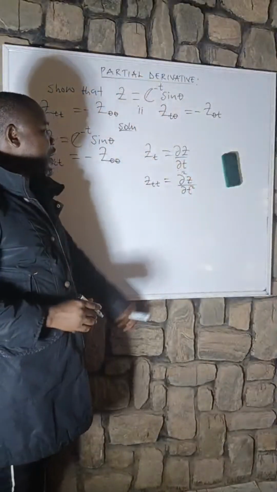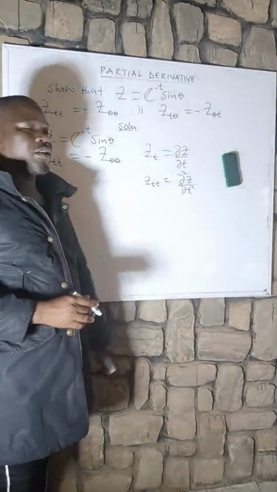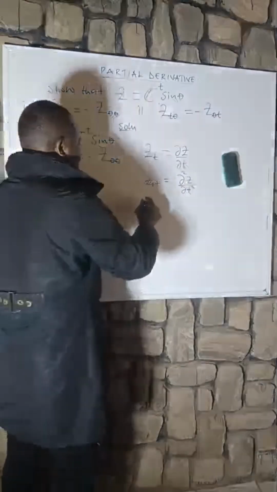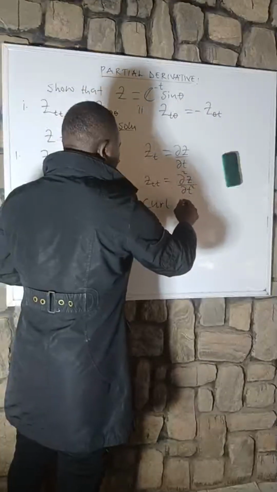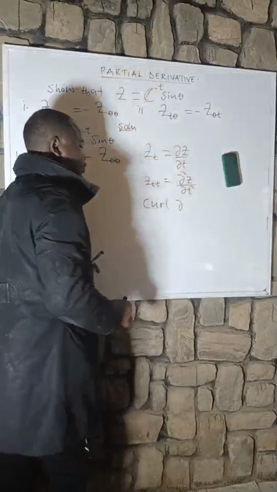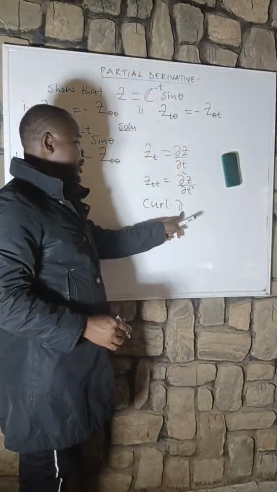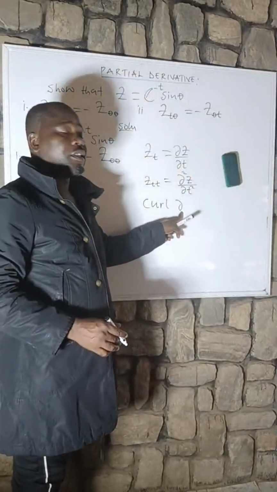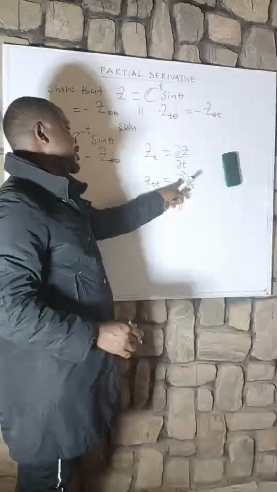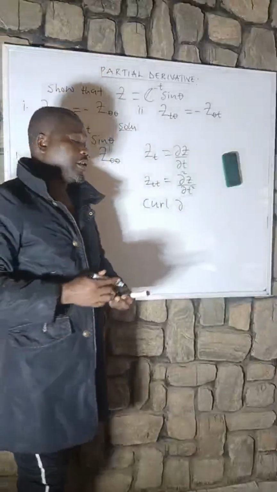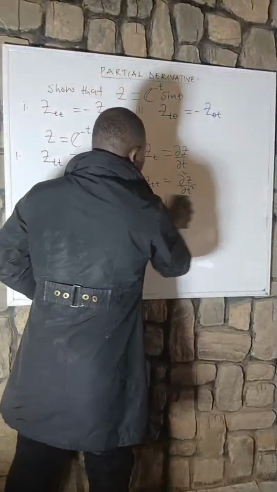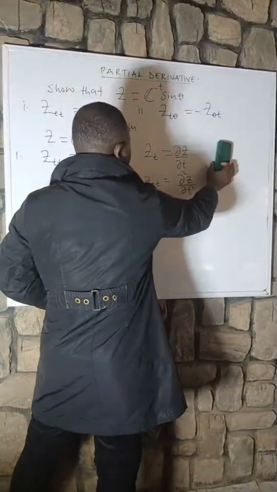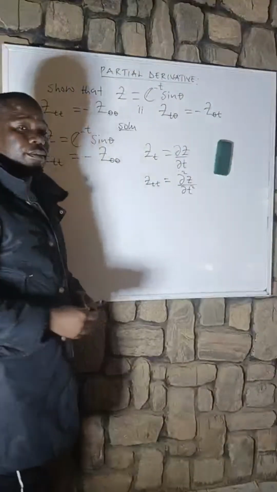But in some textbooks, they call it by another notation. So we are calling it partial. Is that clear? So far, so good. Likewise, I know you are used to these ones.